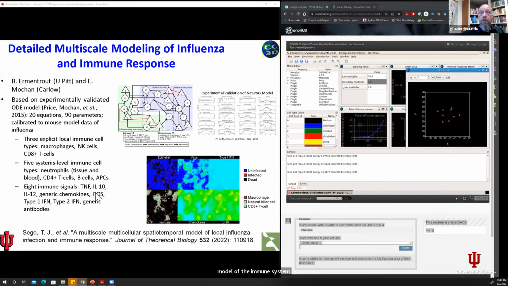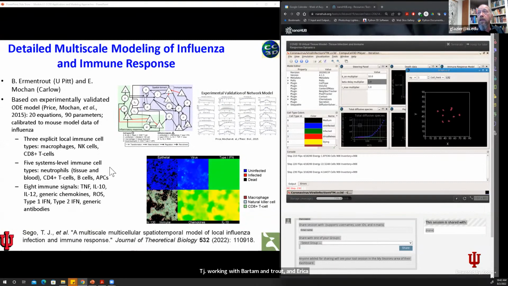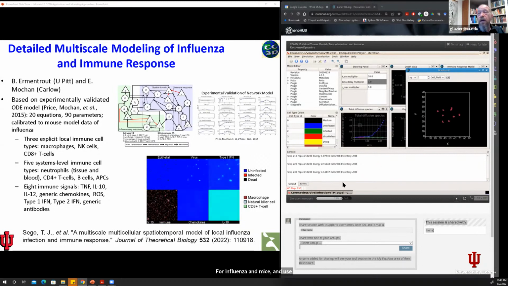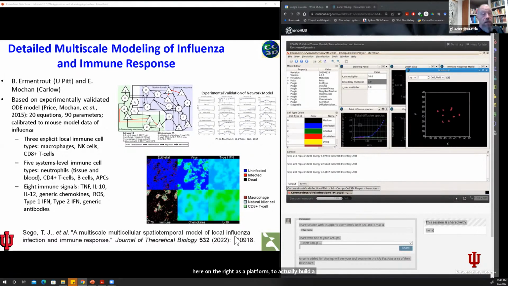TJ, working with Barterman Trout and Erica Mohan, took a rather detailed model that had been well validated for influenza in mice and used this model that we see here on the right as a platform to actually build a detailed quantitative model of influenza infection in the tissue patch in the lung.